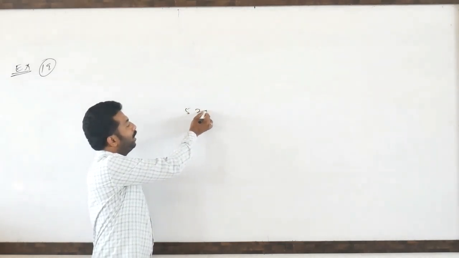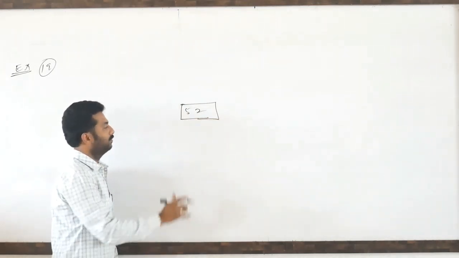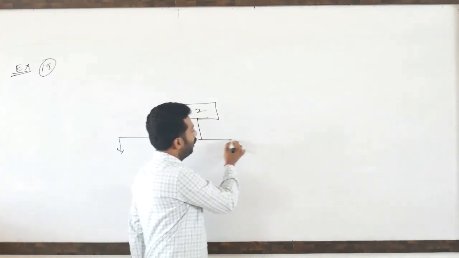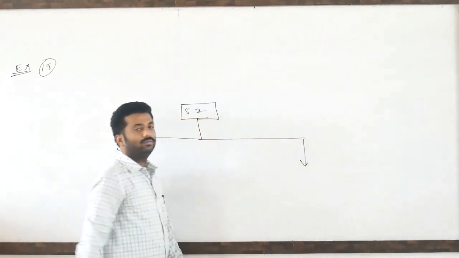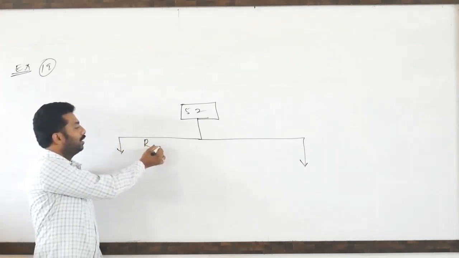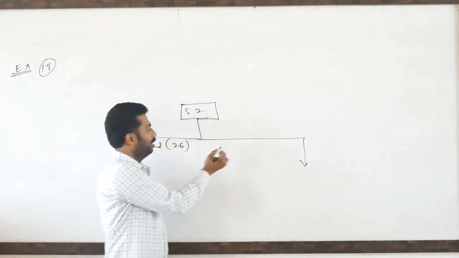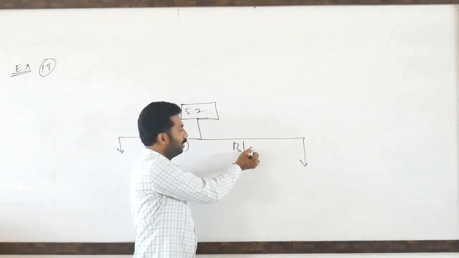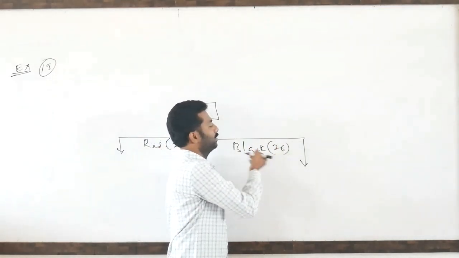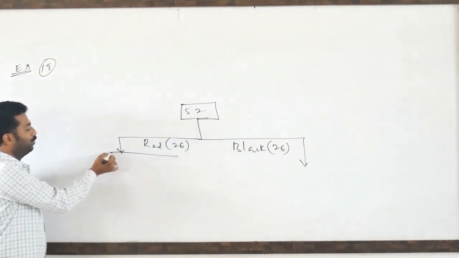Total 52 playing cards are there. So there are 2 colored cards. One is red card; red cards means 26 will be there. Second one is black; black cards means another 26. In these red cards, 2 suits will be there.